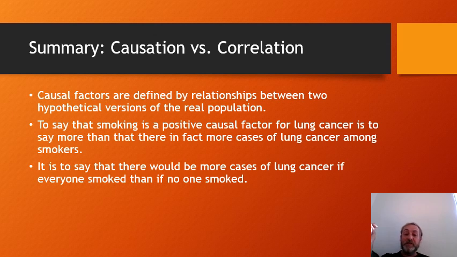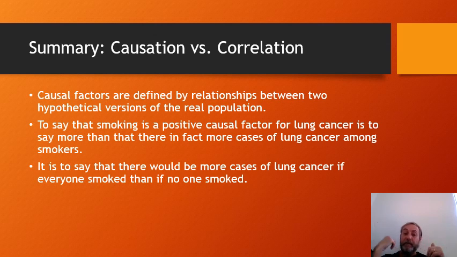To say there's a causation is to say much more than that. It is to say, if everyone smoked, there would be more cases of lung cancer. If no one smoked, there would be no cases, or fewer cases if it's a probabilistic model, of lung cancer. So this is the essential difference between causal claims and correlations.